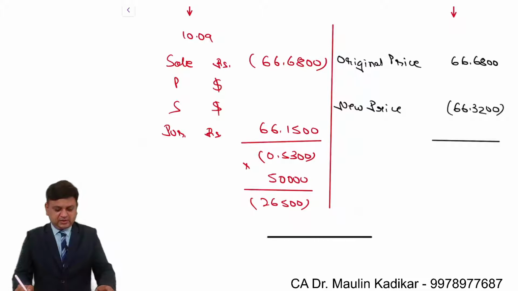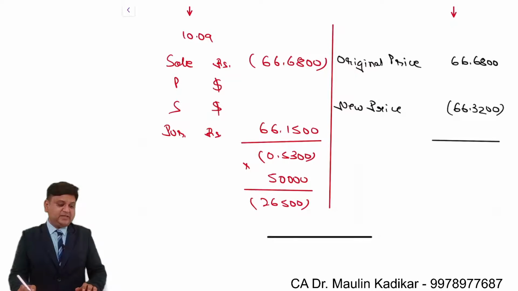So 66.68 was the price at which you were supposed to buy, but now you are able to buy at only 66.32.